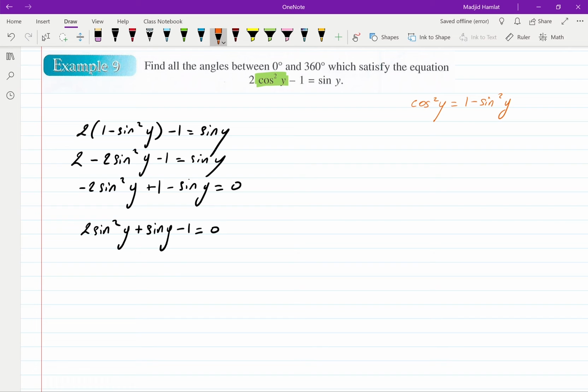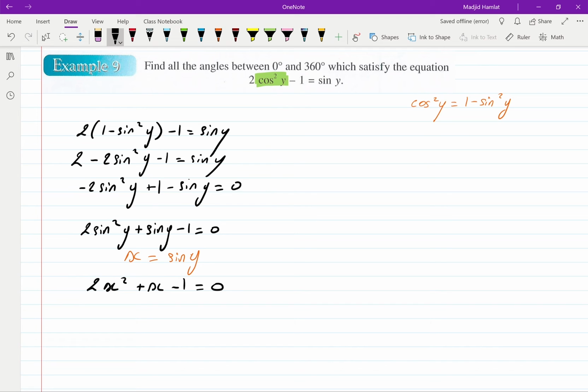You might notice that this equation looks like a quadratic equation. To make it simpler to solve, we can substitute x equals sine of y, and this will make the equation 2x squared plus x minus 1 equals 0.